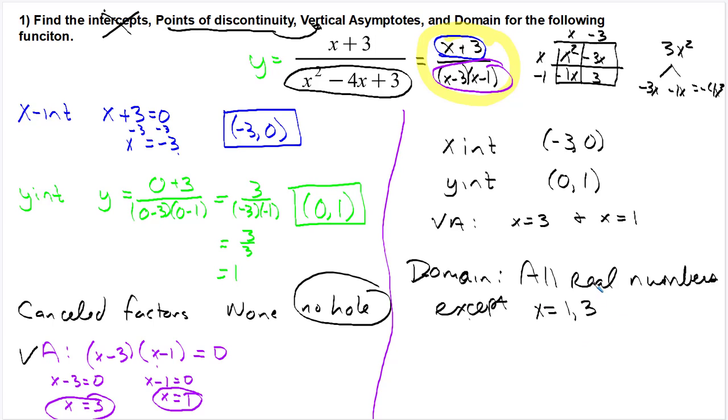And these numbers that are excepted are your vertical asymptotes and those from your canceled factors. So those are the two things that will be excepted.